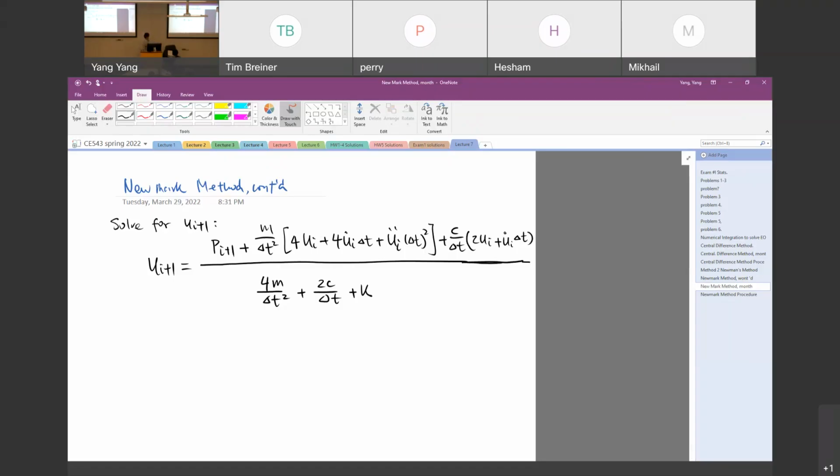This is the equation. So that means given the response at time i, we should be able to calculate the displacement at time i plus one. Based on this, so much more complex than the central difference method.